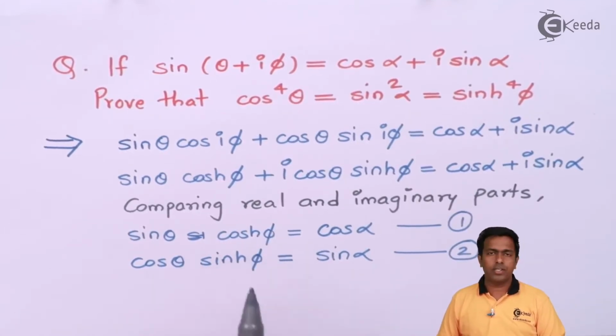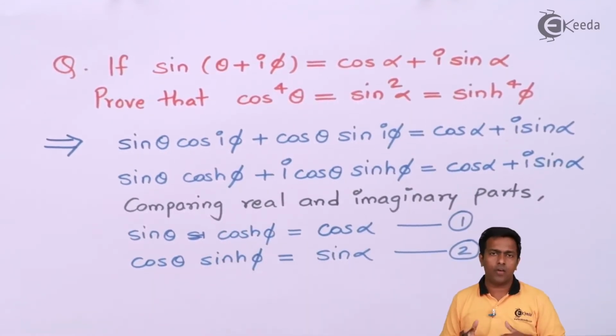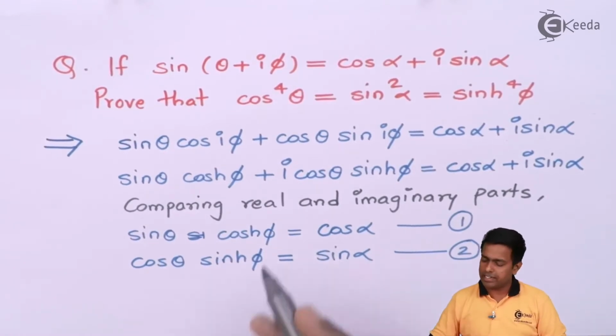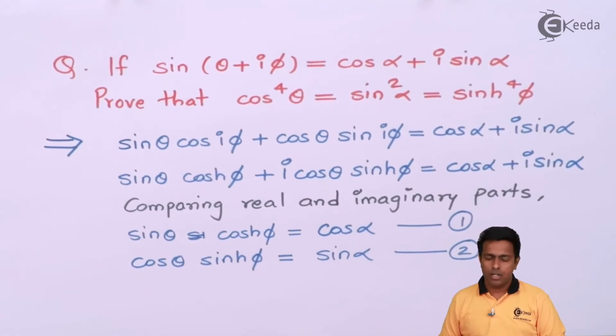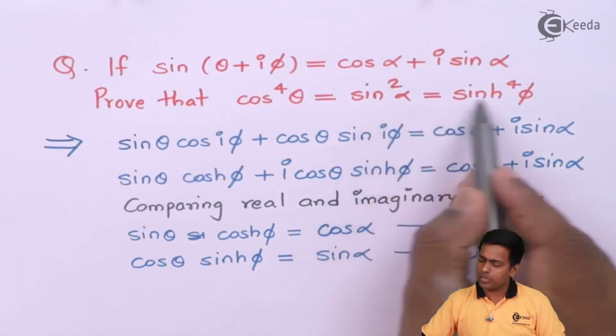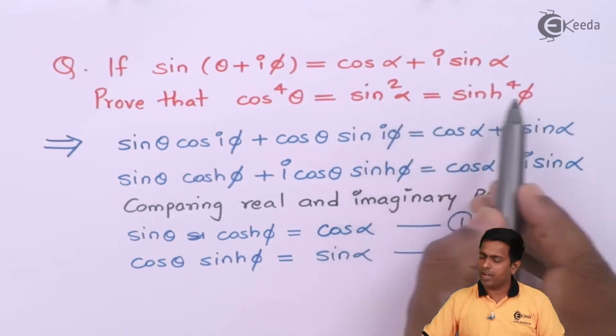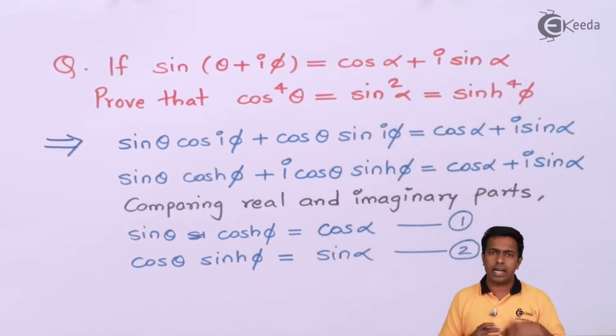So what I'll do is I will use a formula of hyperbolic function or trigonometry in such a way that this phi will be eliminated. And if the phi is eliminated, then obviously we'll get the equation in terms of theta and alpha. Similarly, when I prove the other 2 results, since alpha and phi are wanted, I'll write the formula in terms of theta so that the theta will be eliminated.